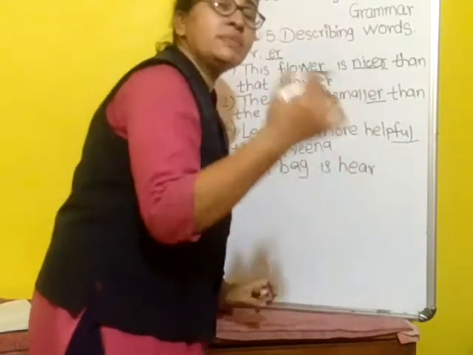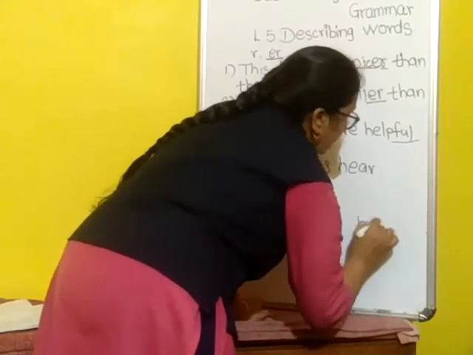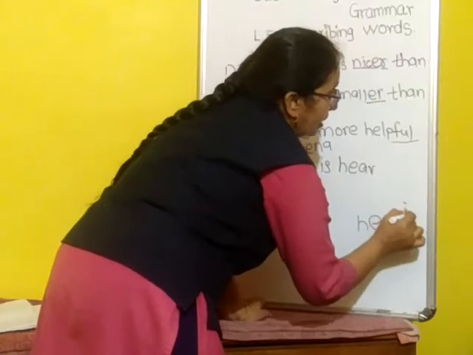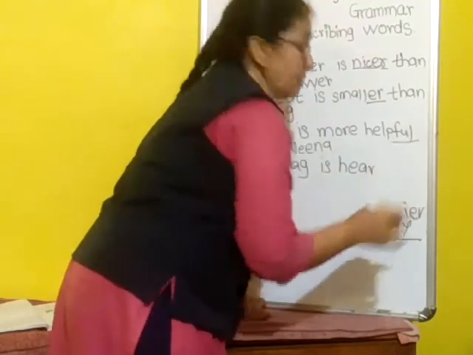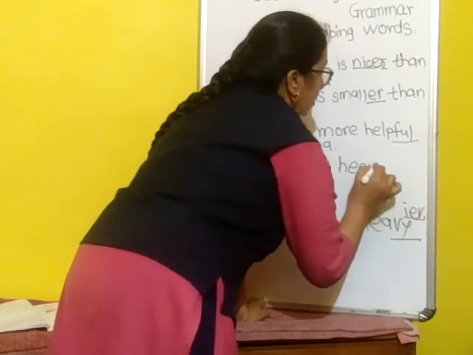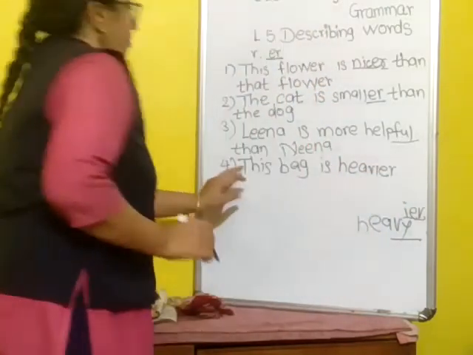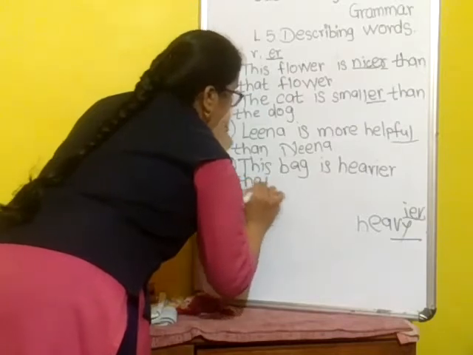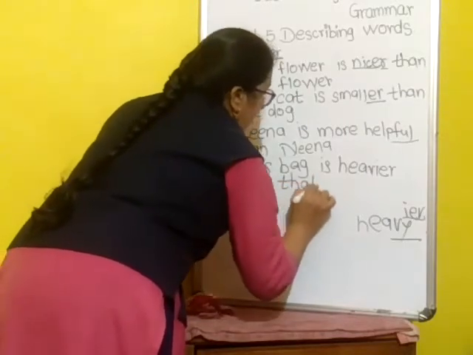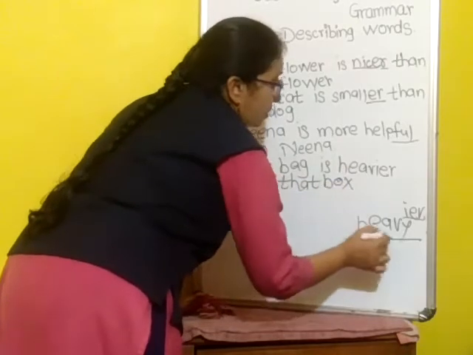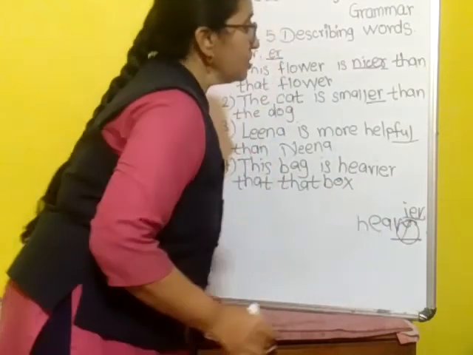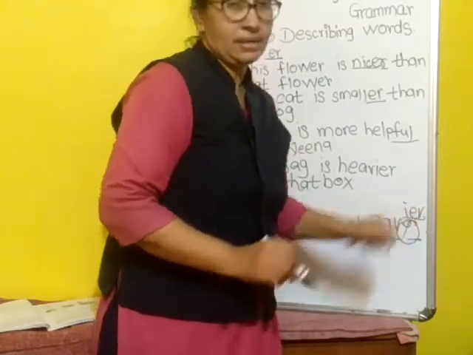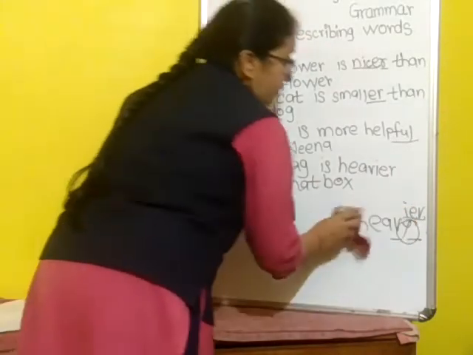When the word ends with y, you should remove that y, replace it with i, and add er: i-e-r. This bag is heavier than that box. That means whenever the word ends with y, you should remove that y, write i instead of y, and add er. This is about words that end with y.